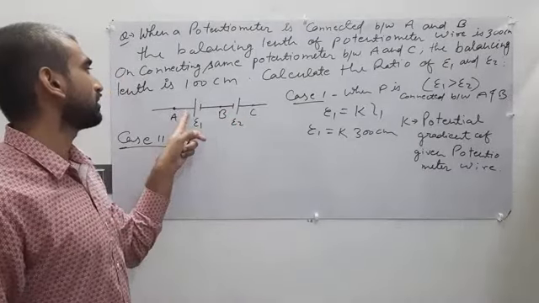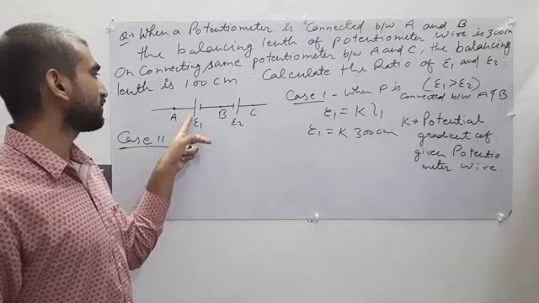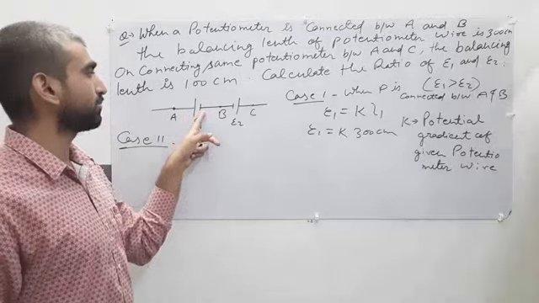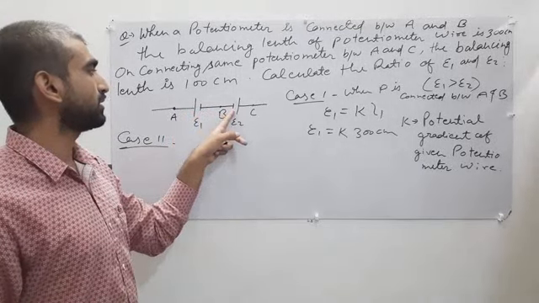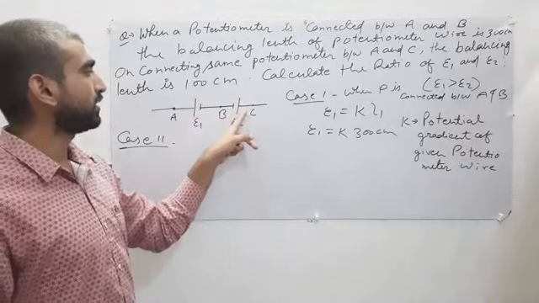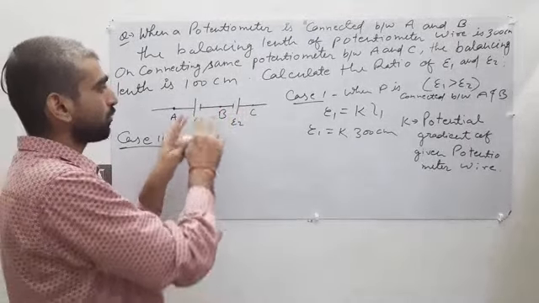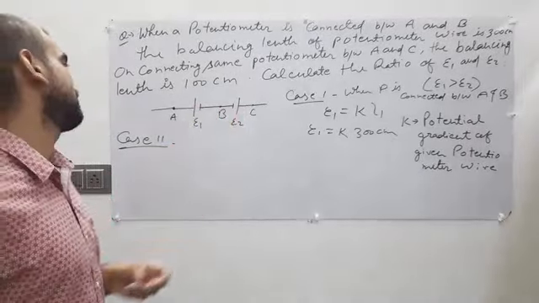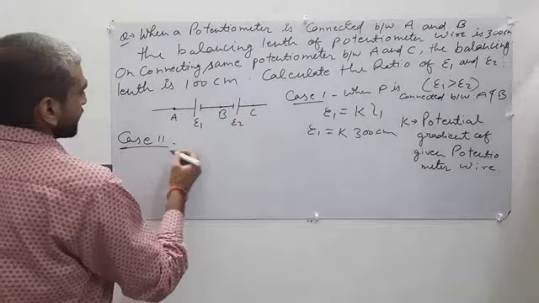That means here is the positive terminal and here the negative terminal, and in this cell here is the negative terminal and here the positive terminal. That means they are oppositely connected in series.